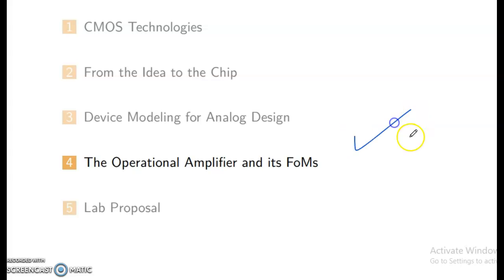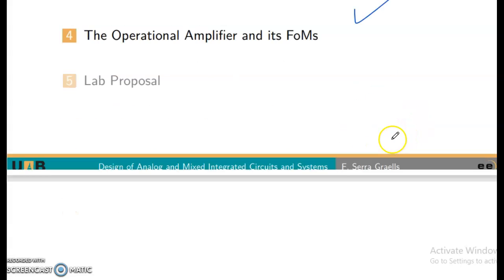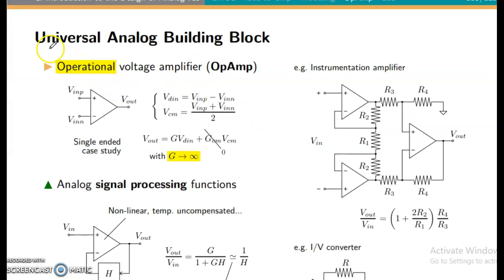And then last, the operational amplifier and its FOMs, the universal analog building block: the operational voltage amplifier, op-amp for short.